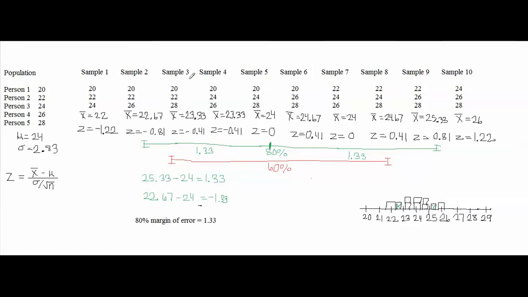So sample 3, which is at the lower boundary point of the middle 60%, has a sample mean of 23.33. So what's 23.33 minus the population mean of 24? It's negative 0.67.